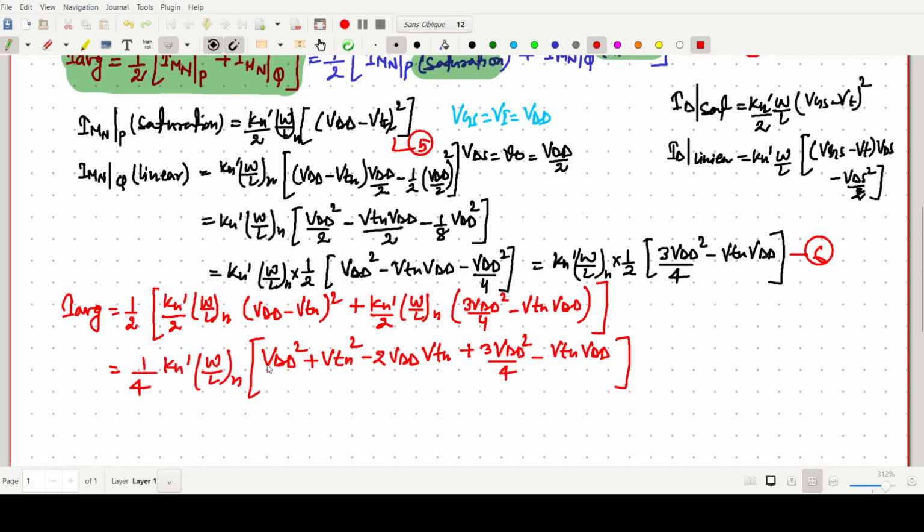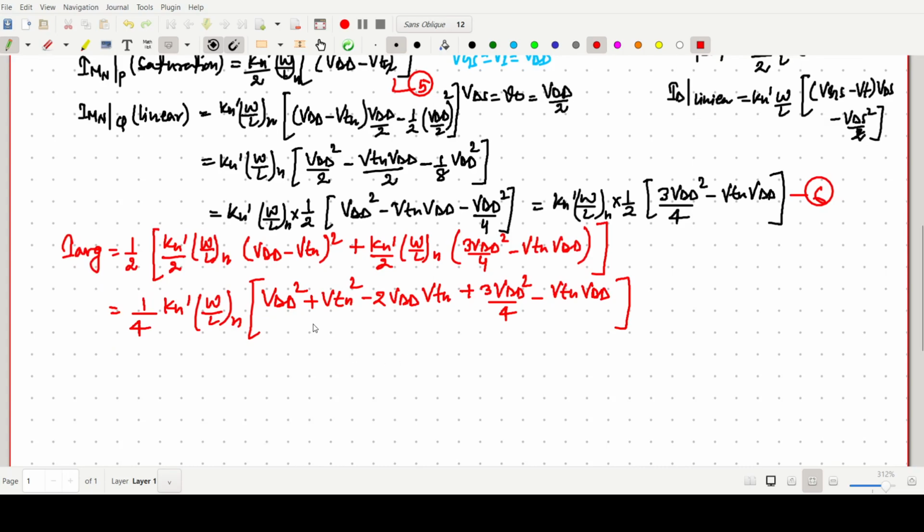So this one will be 1 by 4 Kn dash W by L of N. Then just solve VDD square plus 3 VDD square by 4, so it should be 7 VDD square by 4, plus VTN square.